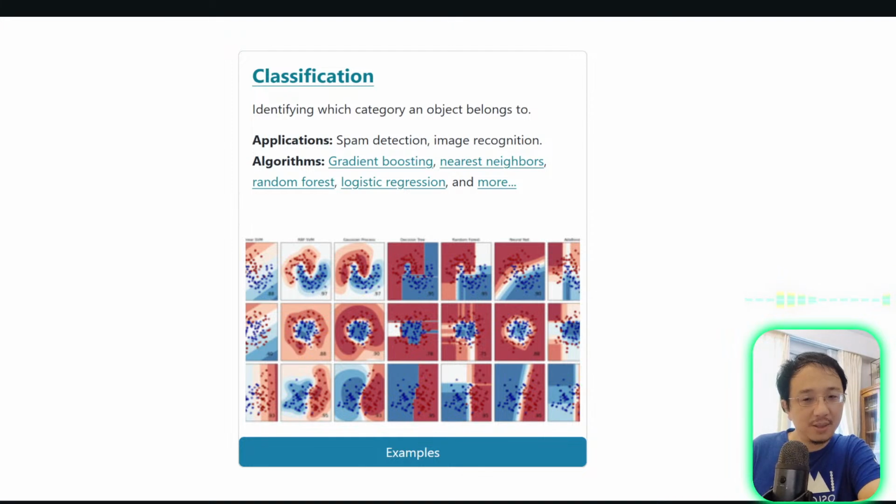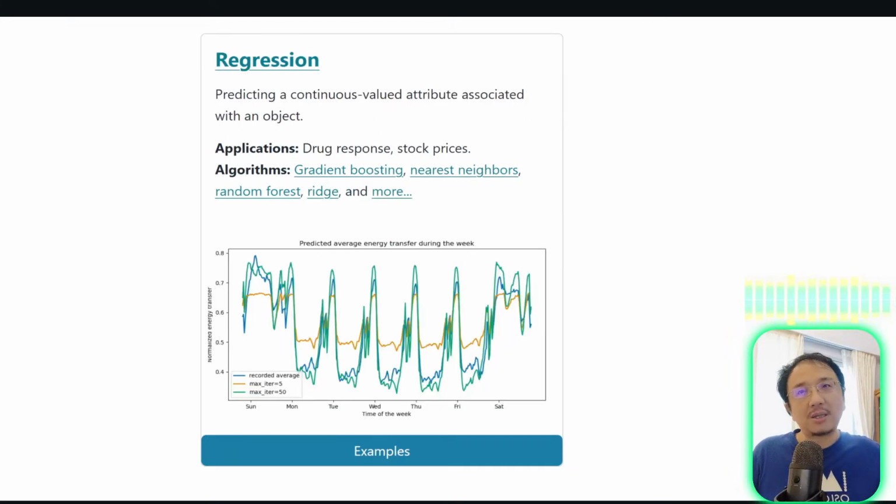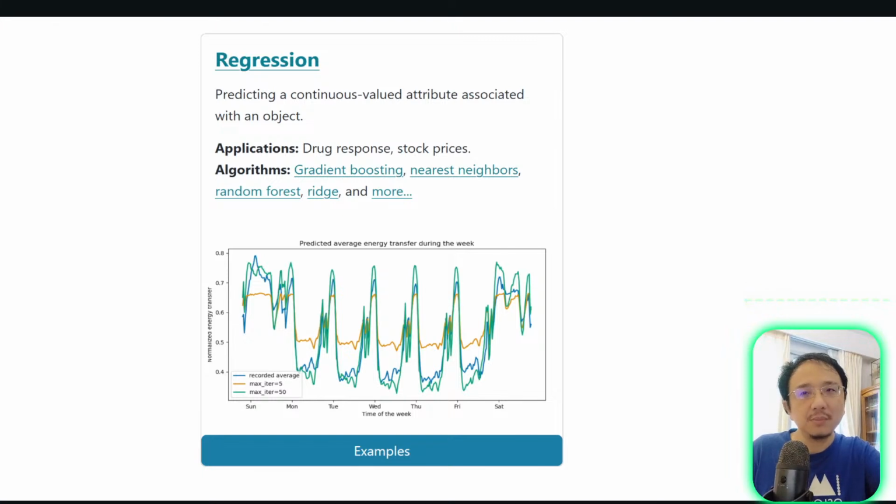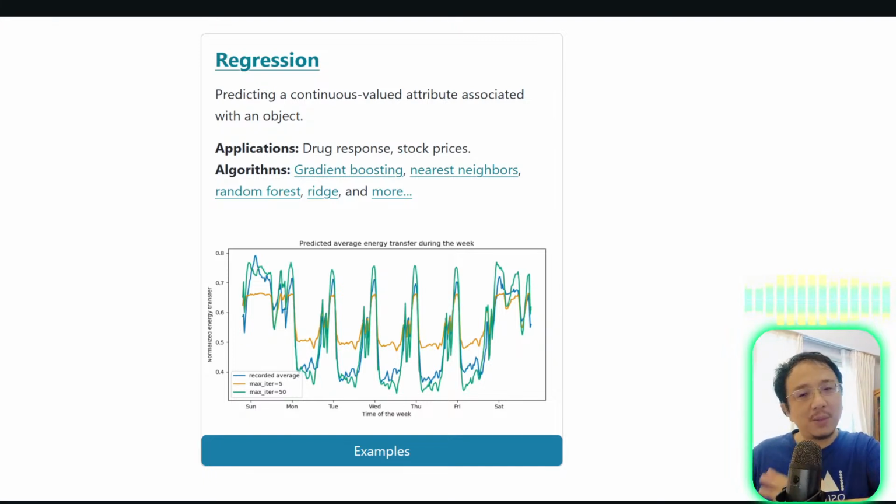To emphasize the difference between classification and regression, let's talk about regression. Regression is another type of machine learning problem. There are some similarities between the regression problem and the classification problem, and there are also some differences. The similar part is that it also takes some input and tries to do some inference about these samples.